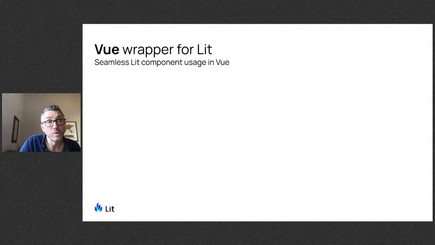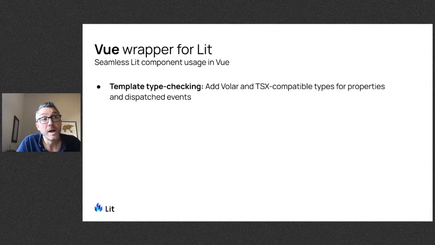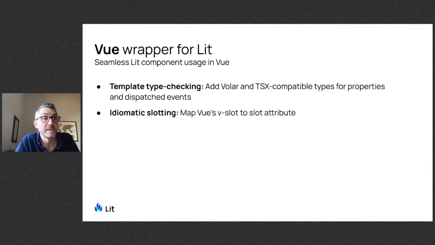So the things that we're doing in our Vue wrapper is, again, adding template type checking. So each framework tends to have its own template syntax and framework-specific type checking. And so Vue is no different there. So we want to make sure that Lit components can type check correctly when you're using them in Vue templates.